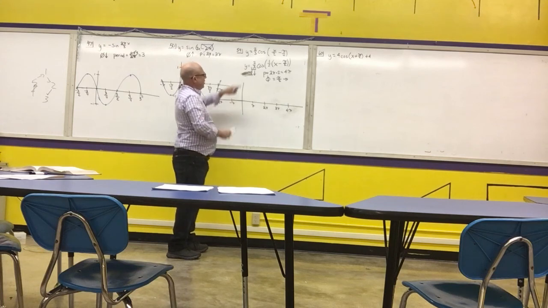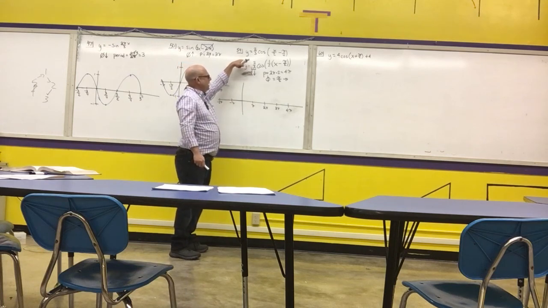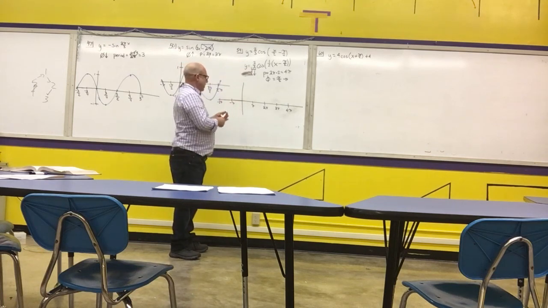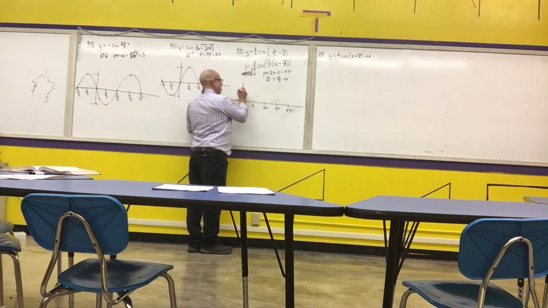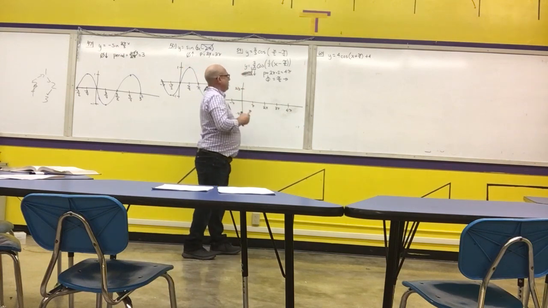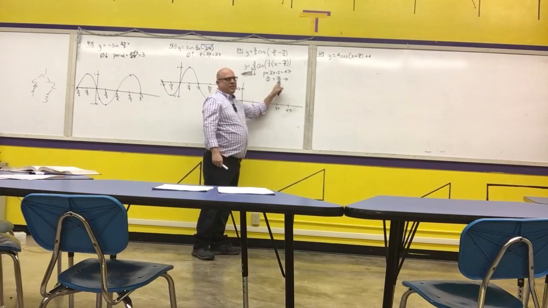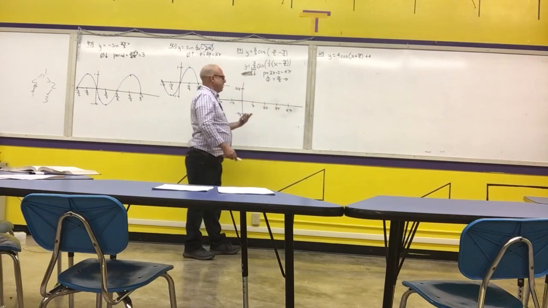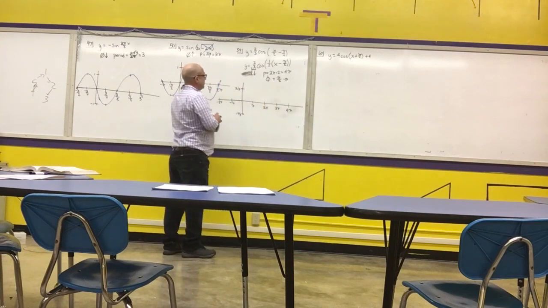My graph is now going to cycle between 2/3 and negative 2/3 because that's my amplitude. And then it's going to have a phase shift to the right of pi halves. But I'm not going to do that until I dot in my function.